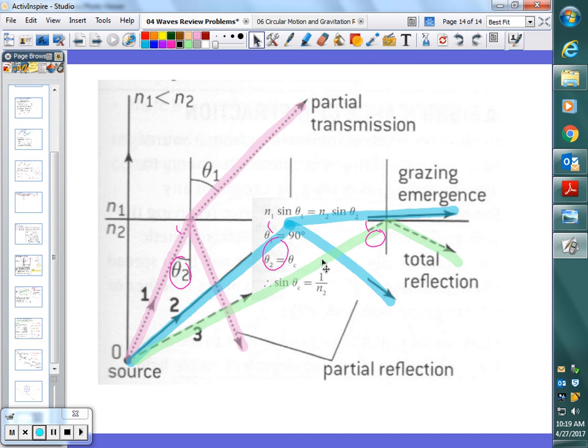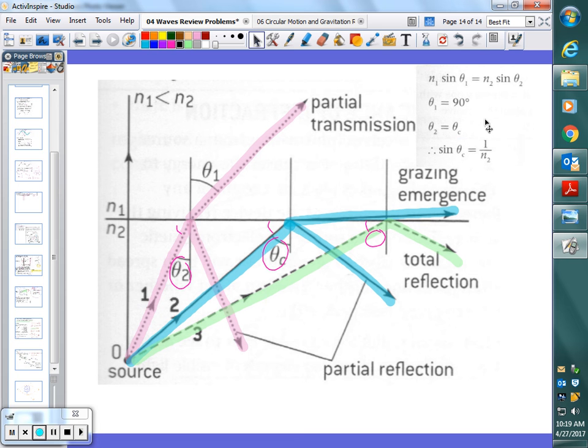Alright, so to work out that critical angle, it does depend on the index of refraction. This is Snell's law right here. It determines the angle of refraction based on the index of refraction of the two materials.